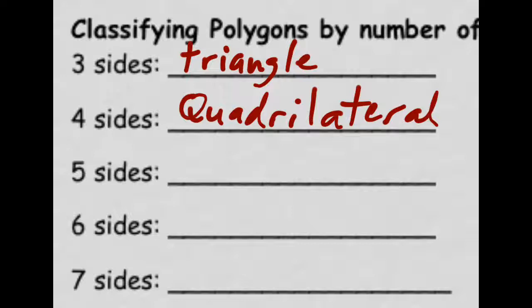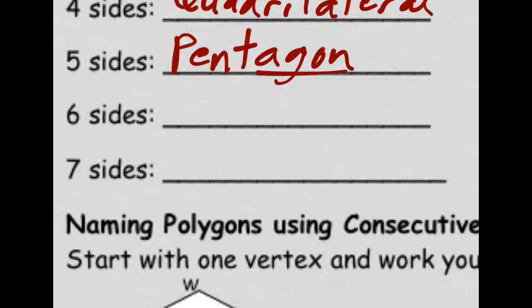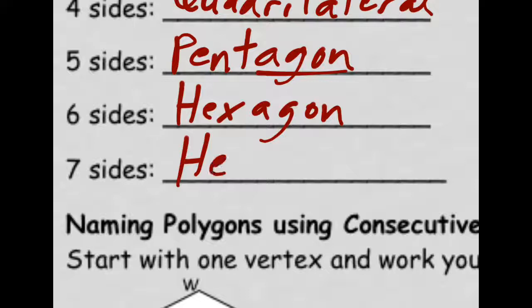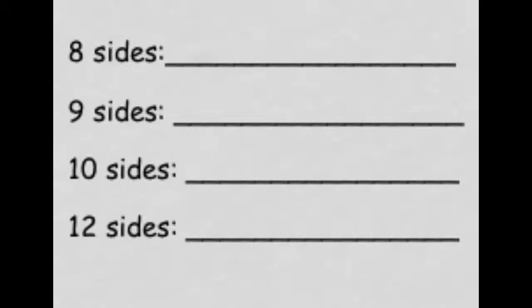Okay, five sides is a pent. Pent means five. Pentagon is five sides. Six sides is hex. Gon means side. Seven is hepta. Pentagon, hexagon, heptagon. Now guys, if I'm going too fast for you, just pause this and write this in. Eight sides is octagon. Let's do this in a different color, why not?